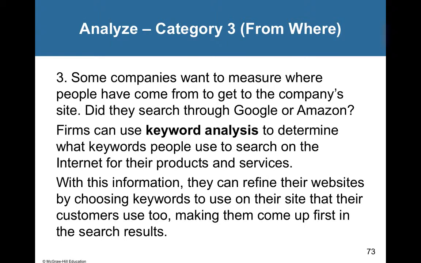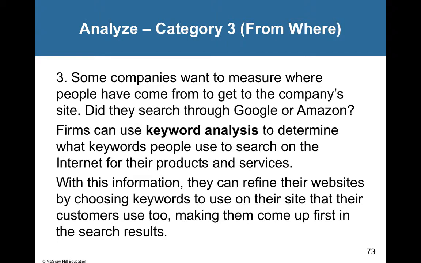But we look at what we call keyword analysis to determine what keywords people are using to search on the internet for our products and our services. So, what are they typing in? And how can we refine our websites by choosing keywords to use on our sites that match the same terminology that our customers are using, making them come up first in the search results?